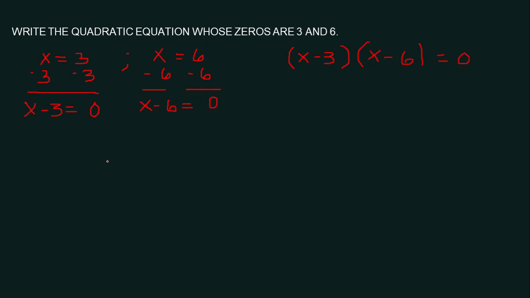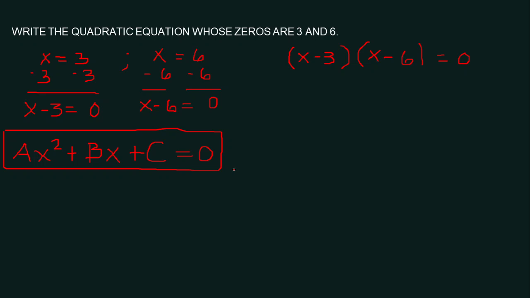Now remember, the standard form of a quadratic equation is ax squared plus bx plus c is equal to 0. This is the standard form of a quadratic equation.